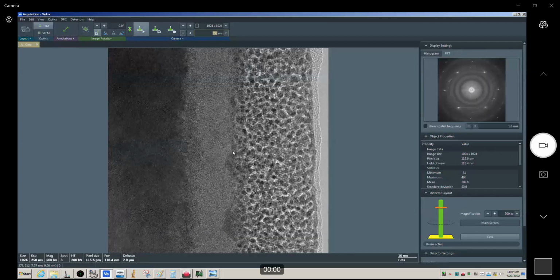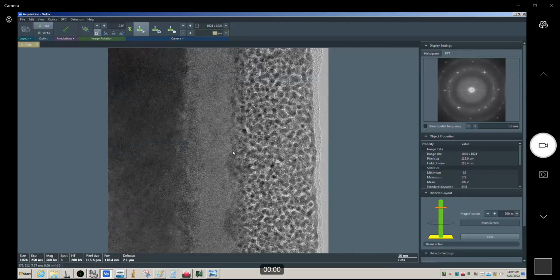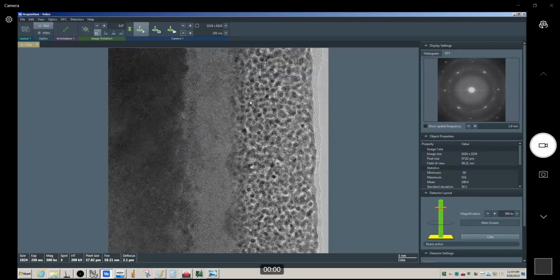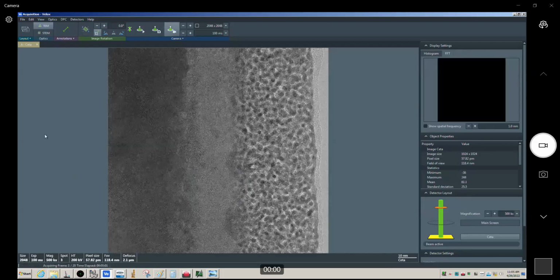So we're back to spot size 3. Let me go back here to this guy now, and let's bump this down. We'll go 20 frames, so that would be like 2 seconds. And we'll see what we get now.